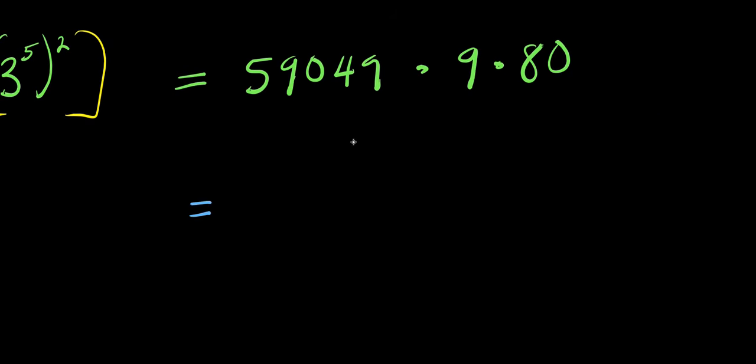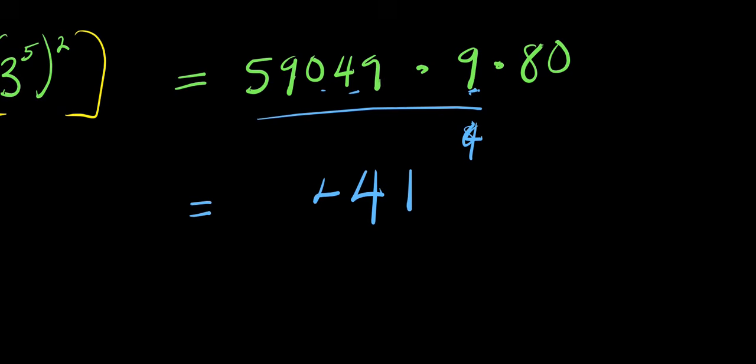So from here, let's multiply this out. 9 times 9, we have 81, 1 carry over 8. 9 times 4, 36 plus 8, 44, 4 carry over 4. 9 times 0, 0, 0 plus 4, 4. 9 times 9, 81, 1 carry over 8. 9 times 5, 45 plus 8, 53. 531,441 times 80.